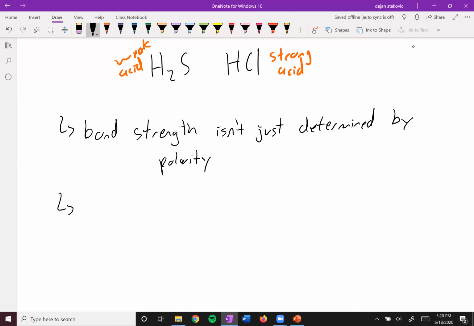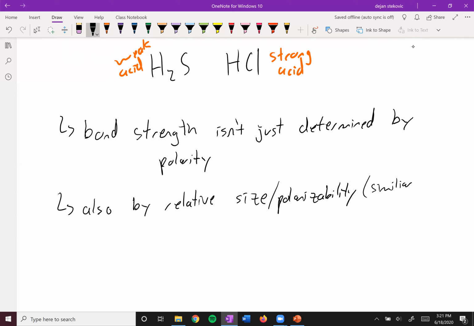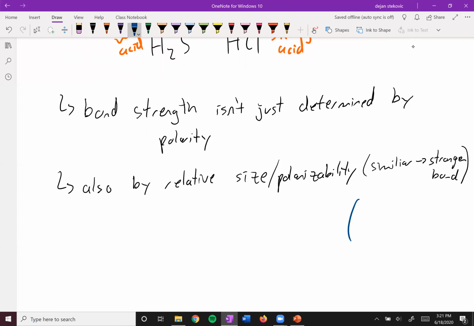And so another thing that controls this bond strength is the relative size or polarizability of the atoms. And so when things are of similar size, their bond is stronger. And when they're of dissimilar size, then their bond gets weaker. This is known as HSAB, hard soft acid base theory.